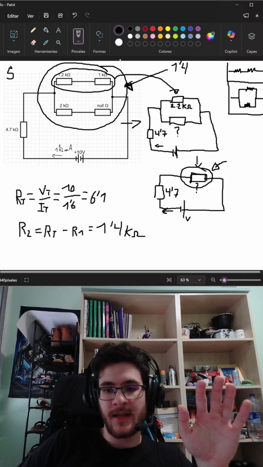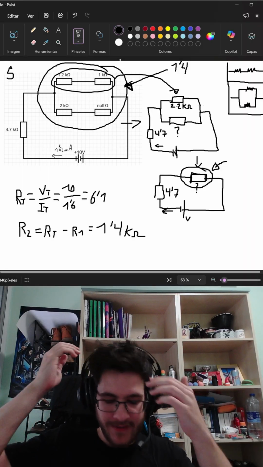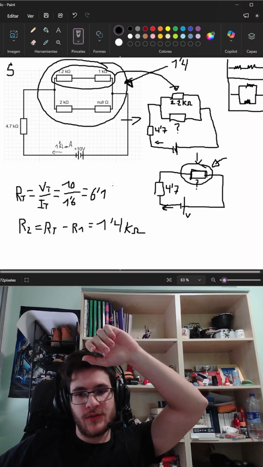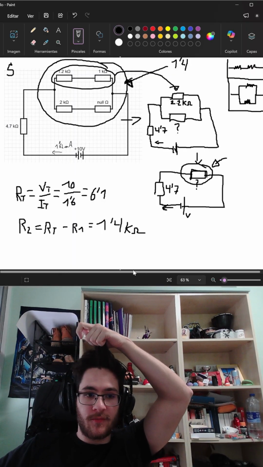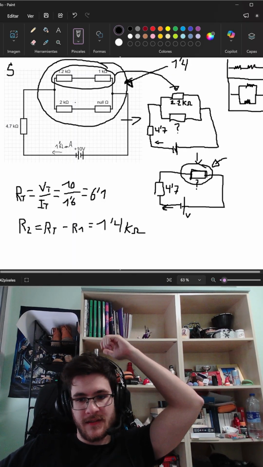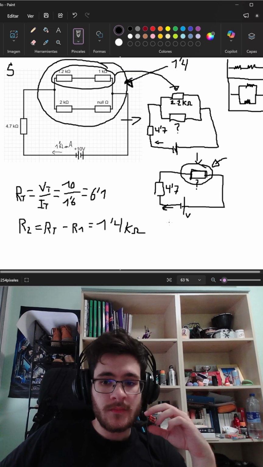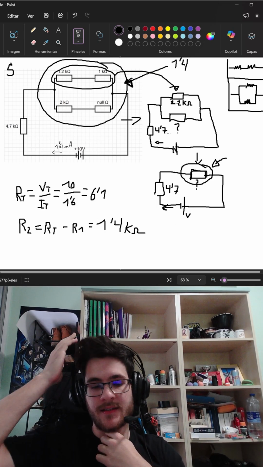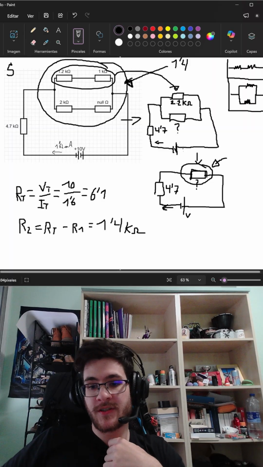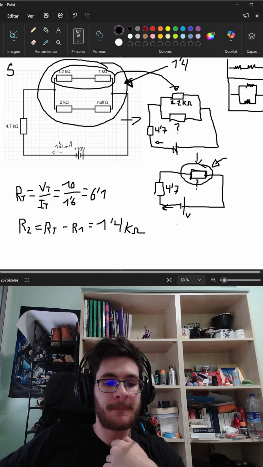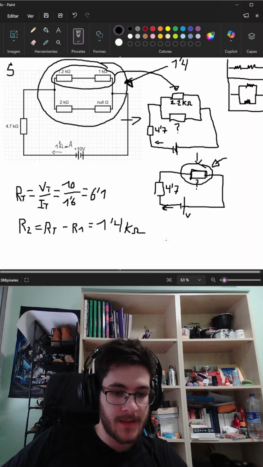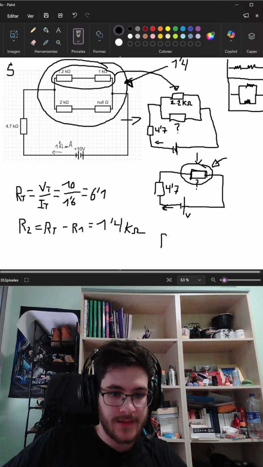Okay, and there are two ways that I explain this. First of all, we can just use the parallel formula to calculate it easily, or the other way is using the voltage and the intensities. I think the easier one is the resistance way.